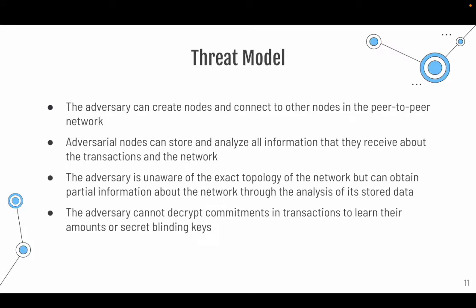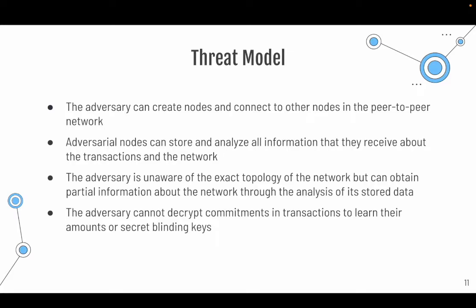Now I'm going to describe the threat model that we used for the attack. So the adversary can create nodes and connect to other nodes in the peer-to-peer network. Adversarial nodes can store and analyze all the information that they receive about transactions on the network. The adversary, although, is unaware of the exact topology of the network, but can obtain partial information through the data that it receives from the network and through the nodes that it is connected to in the network.